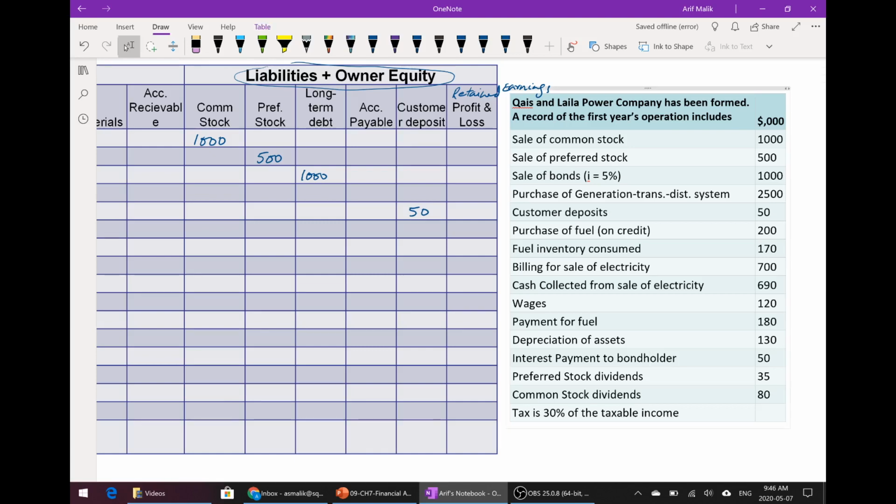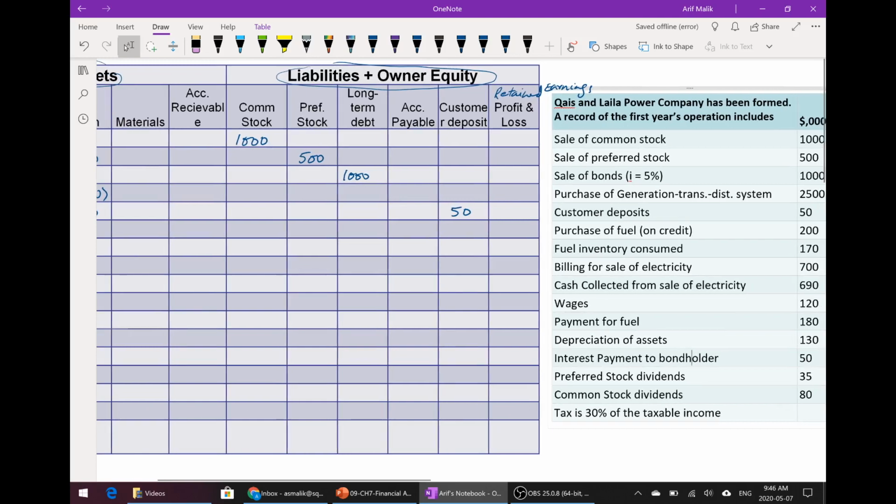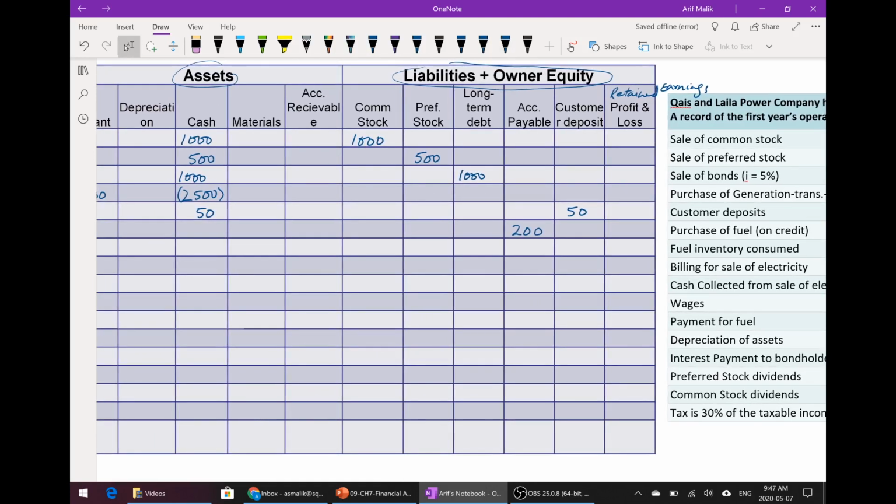This means that we bought something on credit. It's accounts payable, so we put 200 here. And what we got is fuel, so materials we got, and that is an asset. So we go there and fill in 200.